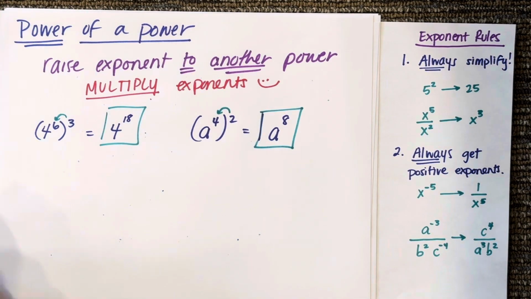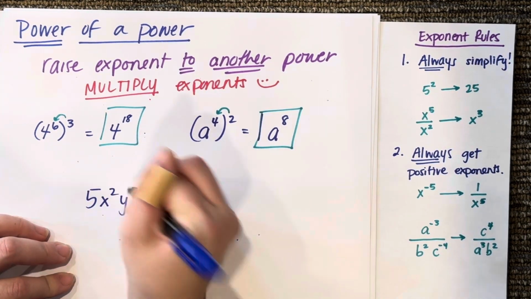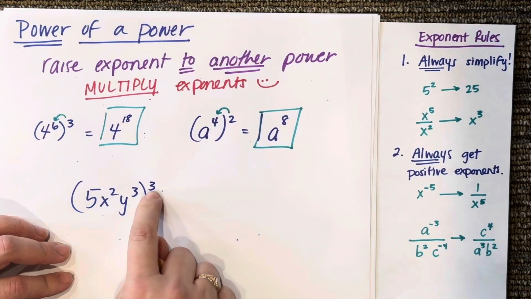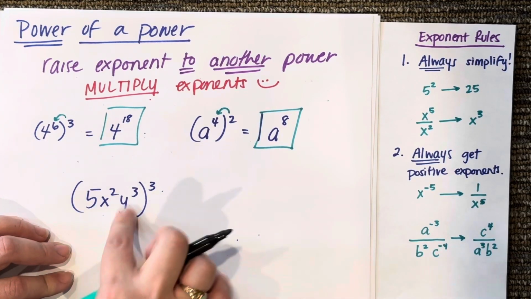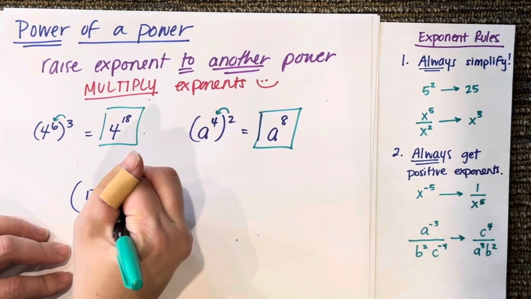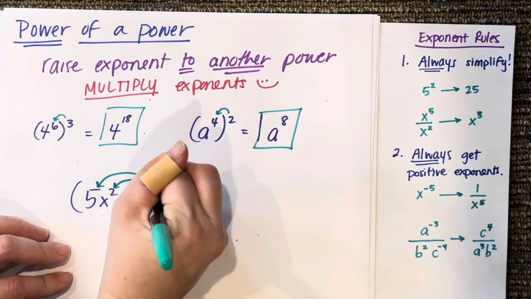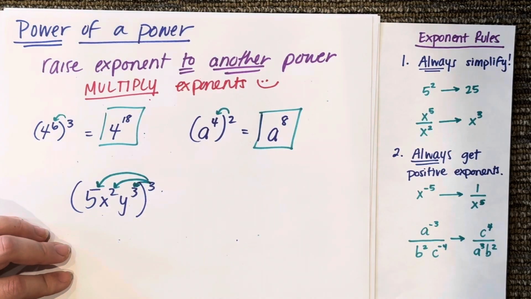If I had multiple things, like 5x squared y to the 3rd, all raised to the 3rd power, you literally will distribute this exponent, okay, to every single term within the parentheses that you're raising it to. So the 3 is going to the 5, the 3 is going to the x squared, and the 3 is going to the y cubed. It's an ugly arrow, but you know what I mean.